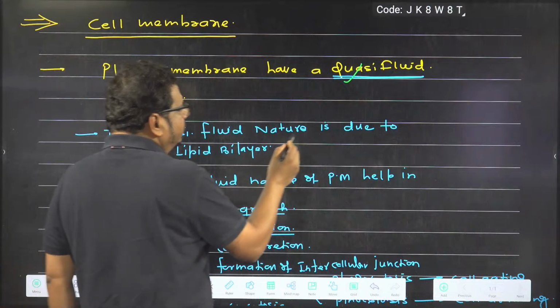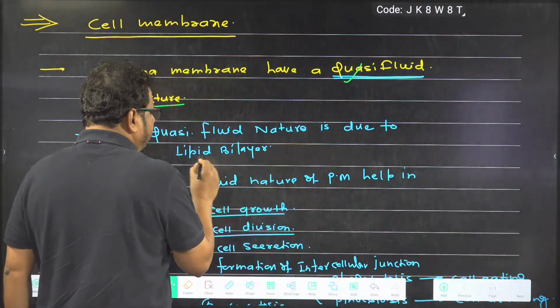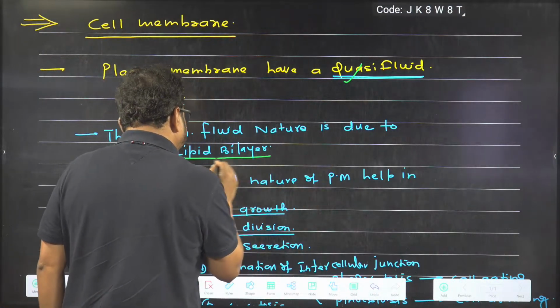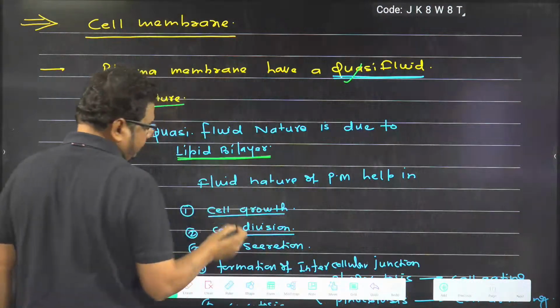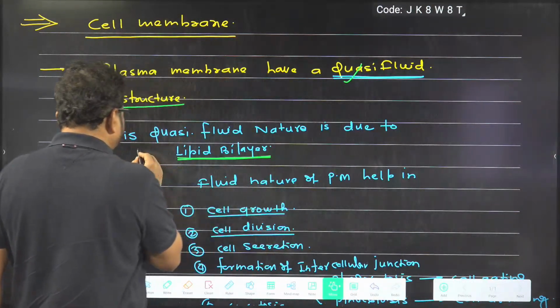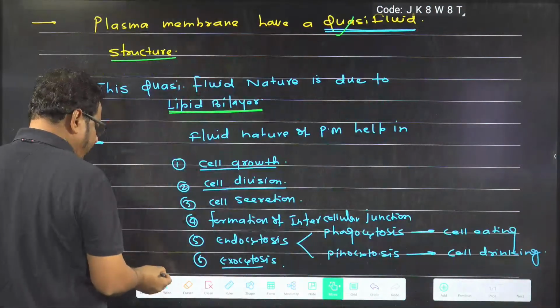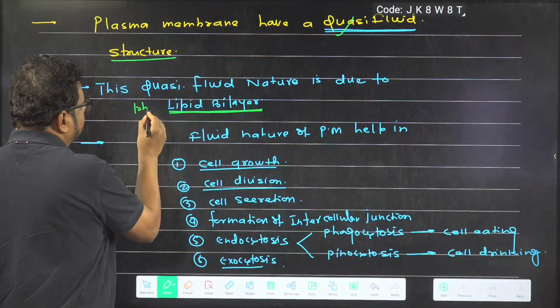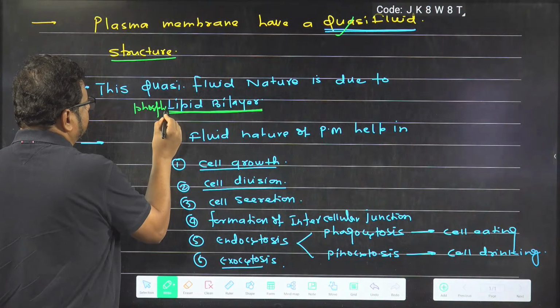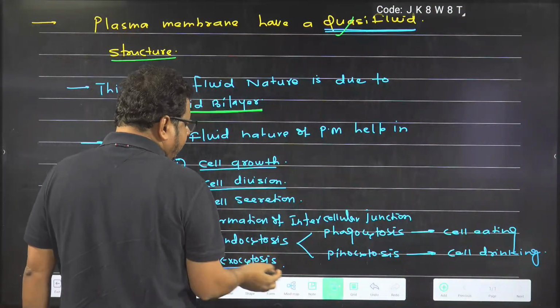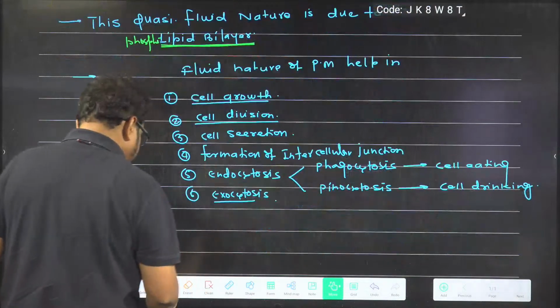This quasi-fluid nature is due to lipid bilayer. Who is ensuring the quasi-fluid nature? It is phospholipid bilayer. Better to write complete, phospholipid bilayer.